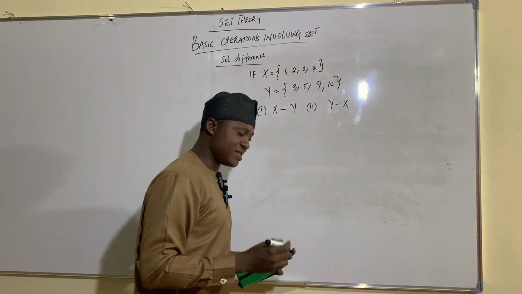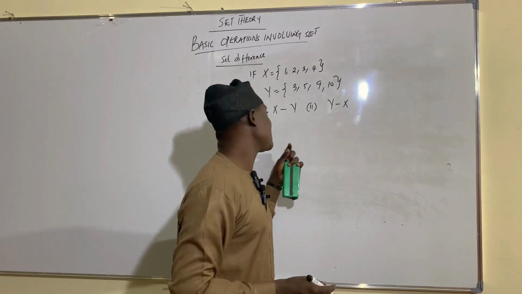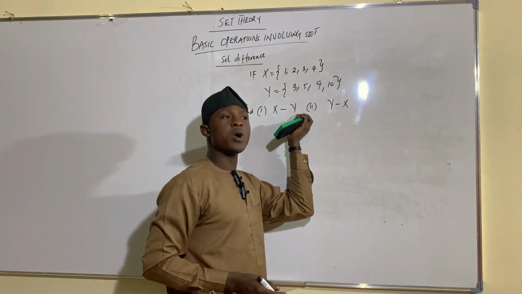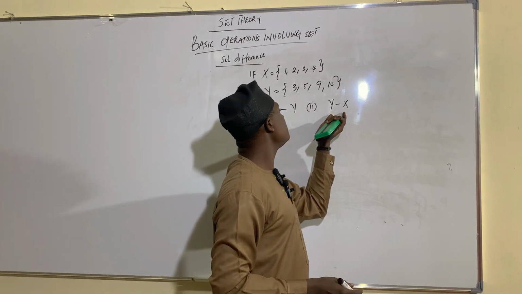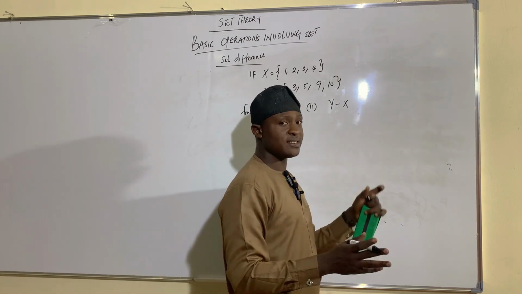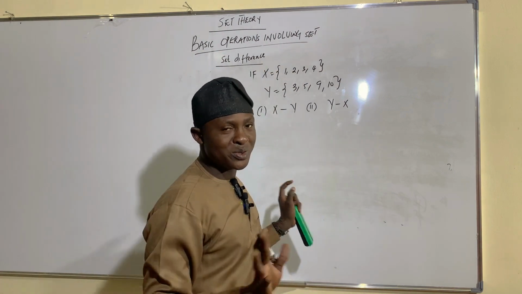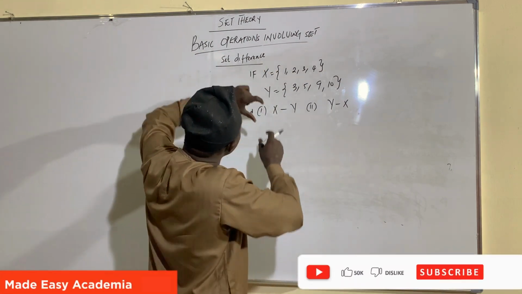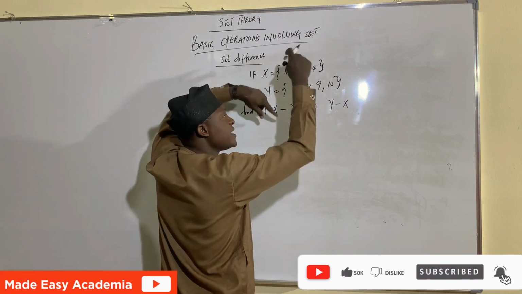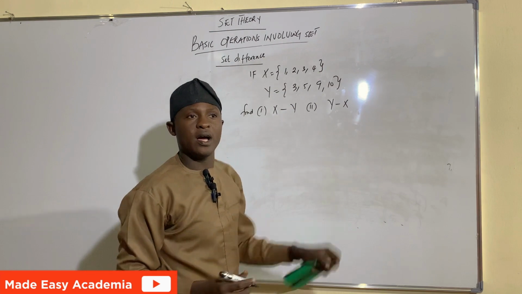This is not arithmetic minus, please, so don't be confused. It's just the element that we have in set x but not in y. The second one means the element that we have in y that is not appearing in x. It's not as if we are going to subtract 3 minus 1. No. That is the element that we have in set x but not in y, and vice versa.